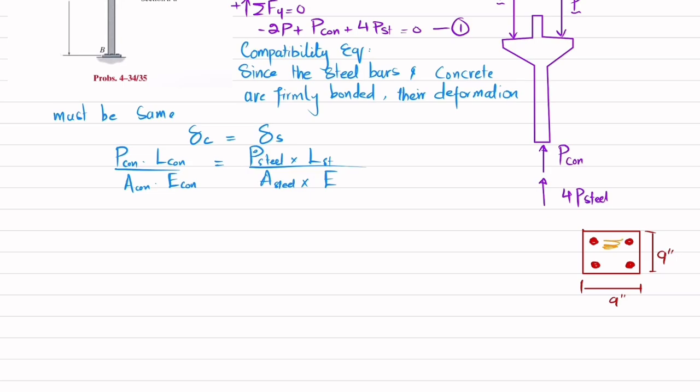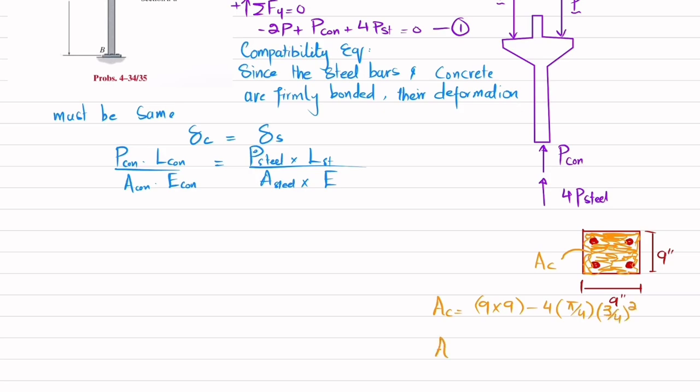The area of concrete will be this shaded portion, if you remove the 4 steels, and this is AC. AC will be equal to the whole cross section, 9 by 9, minus 4 times the area of steel, which is pi by 4 into d squared, where d is 3 by 4.